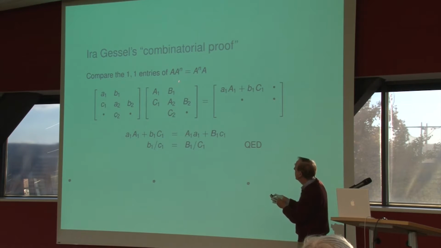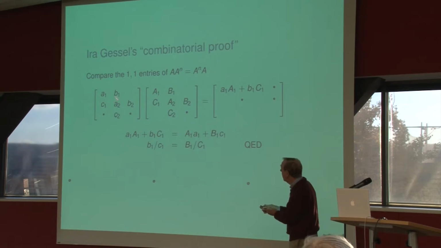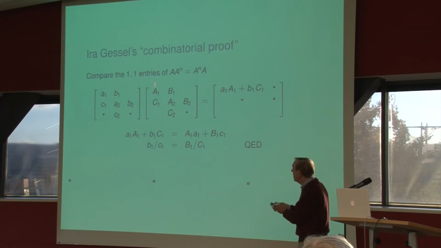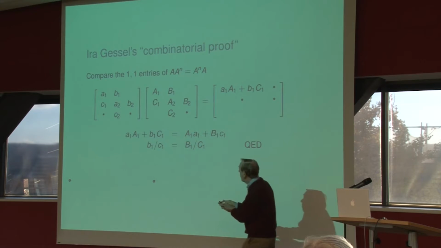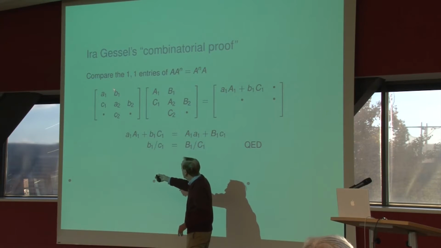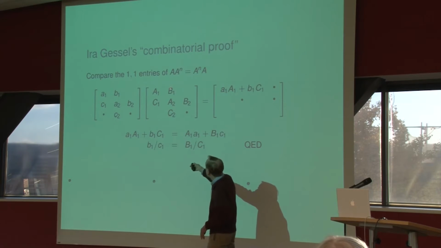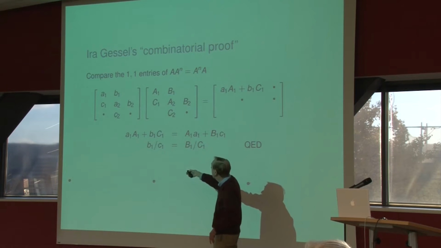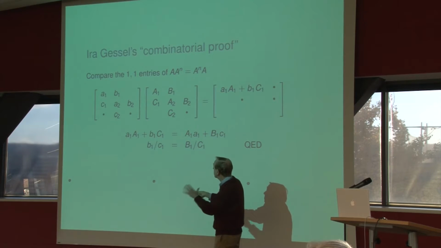We know that A commutes with the powers, so let's just write that down. There's the matrix A, tridiagonal. Here's the nth power, whatever. And what is it we want to prove? We want to prove that that ratio B1 over C1 is the same as this ratio capital B1 over C1 in A to the nth. So there's A to the nth, and we want to show that those ratios are the same.